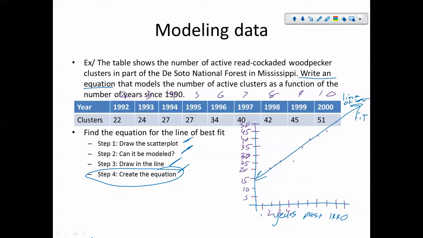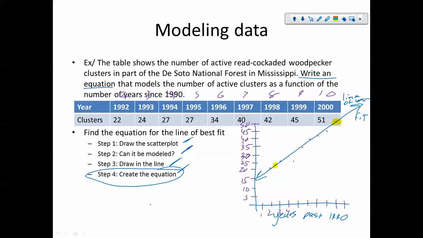And the answer is yes. What we do is pick 2 points that are really close to this line. I notice that this point is basically on the line, and this point is basically on the line. So I'm going to take those 2 points and make an equation out of them.